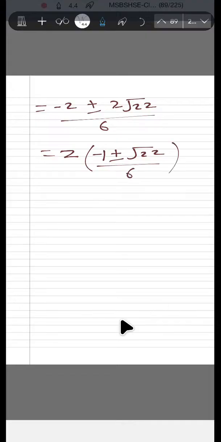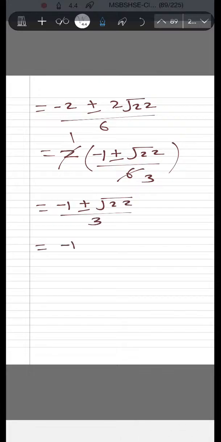So 2 3s are 6, which is equal to minus 1 plus or minus square root of 22 upon 3, which is equal to minus 1 plus square root of 22 upon 3, and minus 1 minus square root of 22 upon 3, and that is the root of the equation.